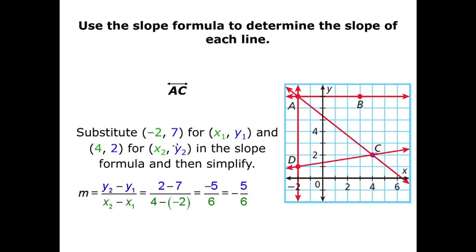So if instead of the (-2, 7) being x sub 1, y sub 1, I had made it x sub 2, y sub 2, this would have just been written as 7 minus 2 over -2 minus the 4.